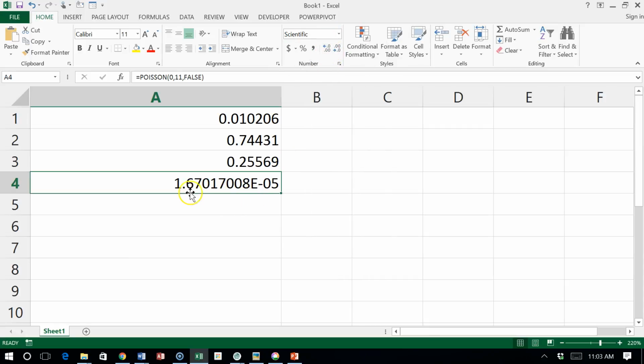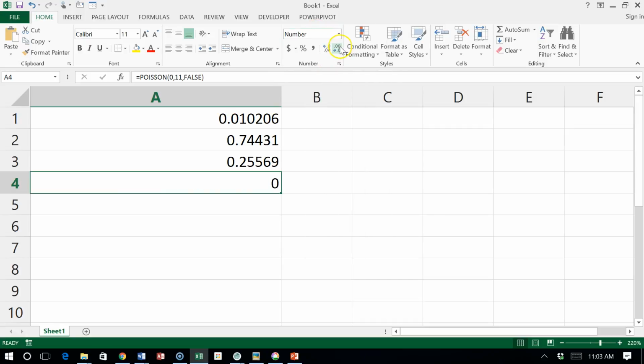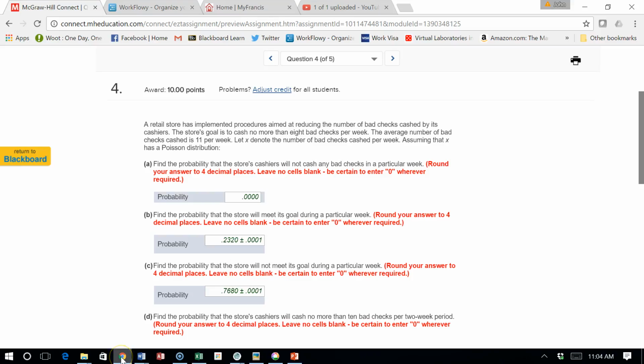And that is 1.6701, which is move the decimal place 5 places to the right. And let's do number, and let's do 4 decimal places. So 4 decimal places would be 0.0000.